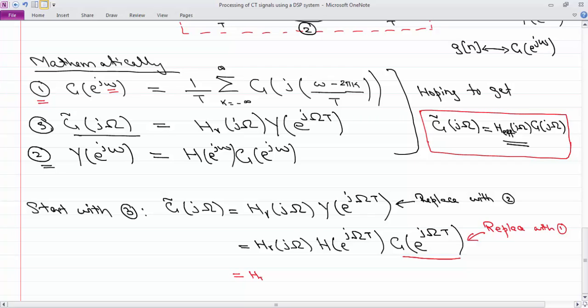So I get Hr j omega, H of e to the j omega T, and now I have 1 over T summation k from minus infinity to infinity, G of j, I replace little omega by capital omega T, divided by T, I get capital omega minus 2 pi over T times k.